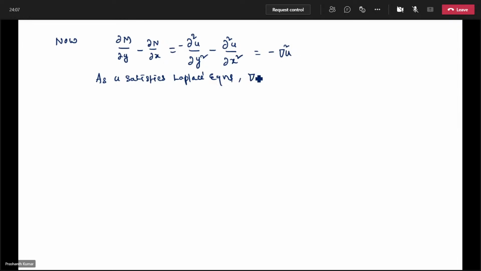Laplace equation satisfying u means del square u is 0. Hence, del square u is equal to 0. Then this equation becomes 0.